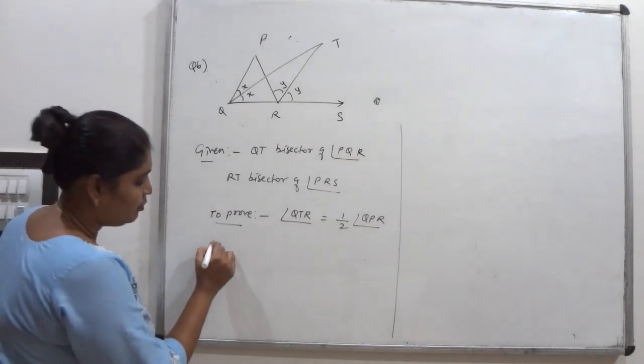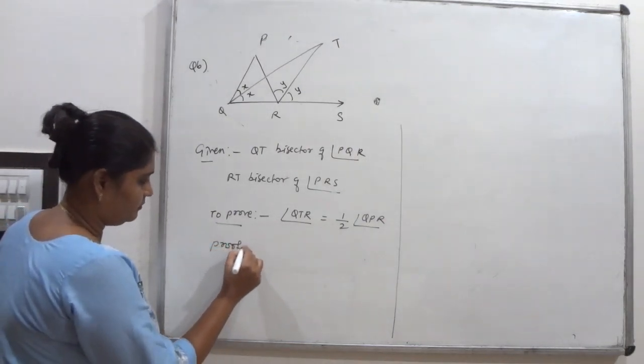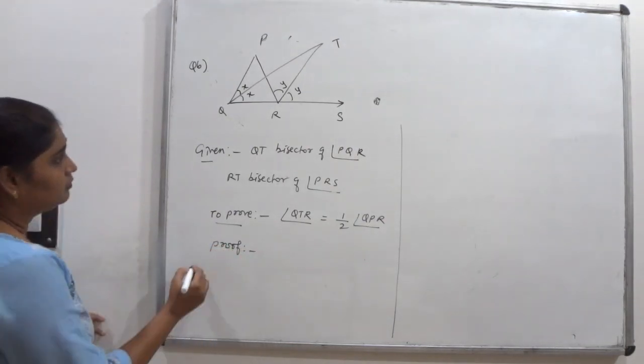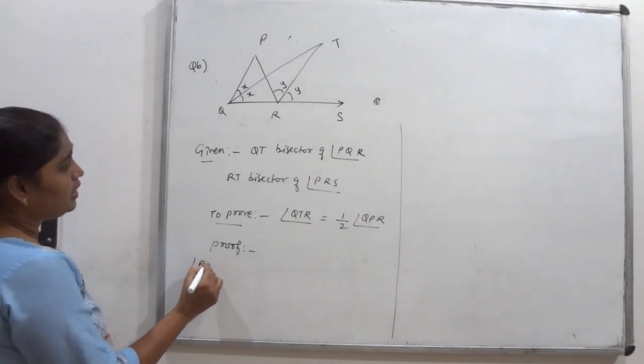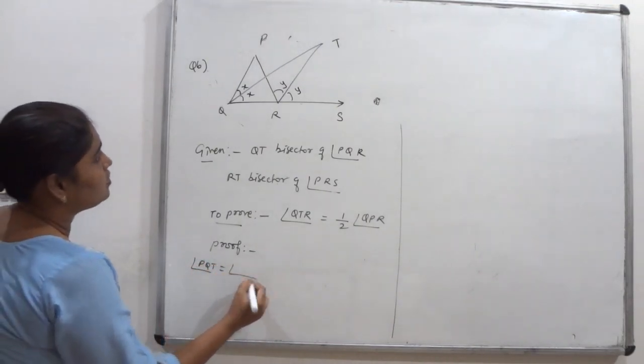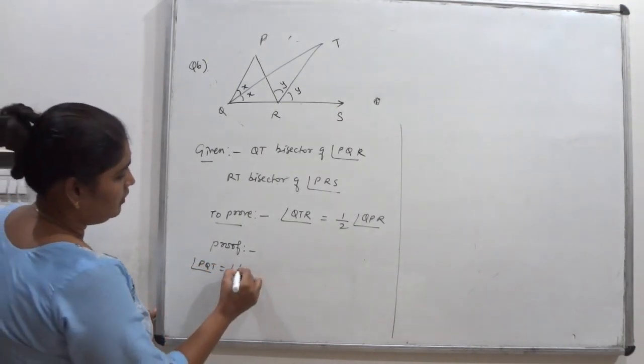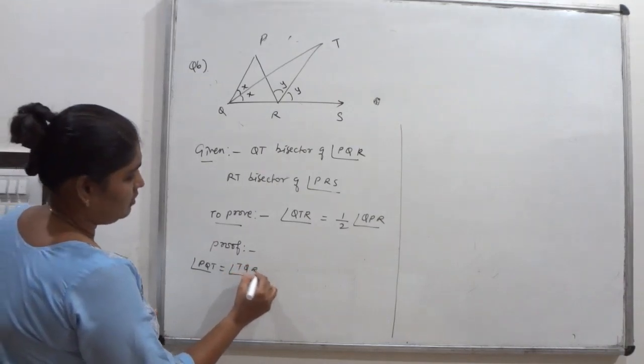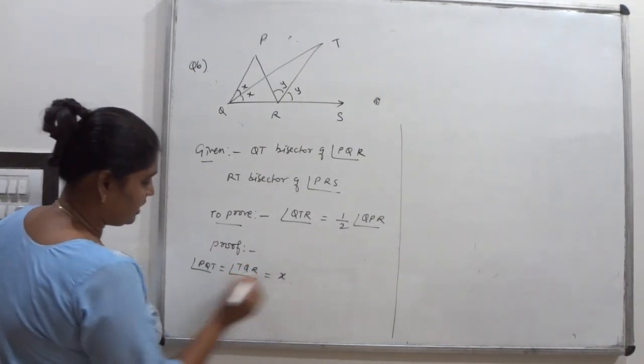So, proof. Angle PQT is equal to angle TQR, which is equal to x, I have taken.